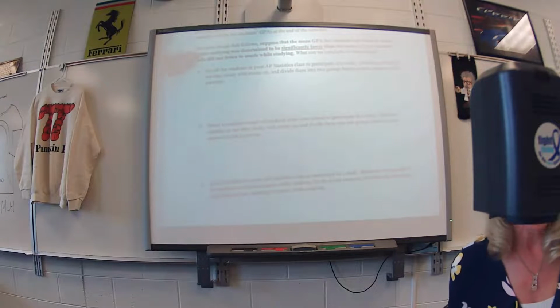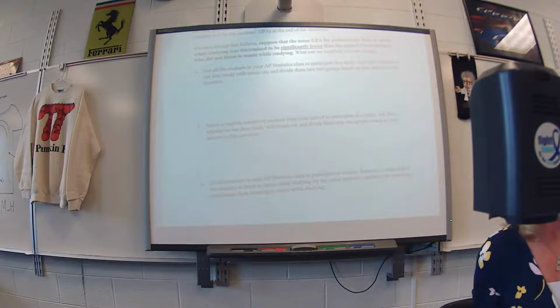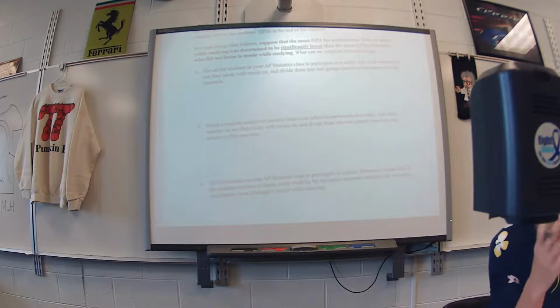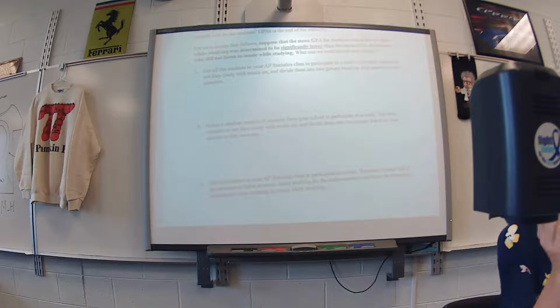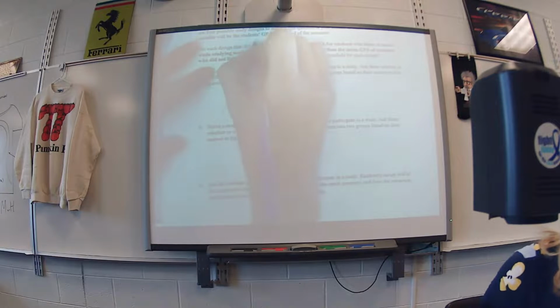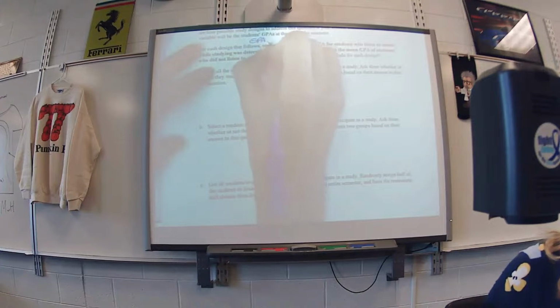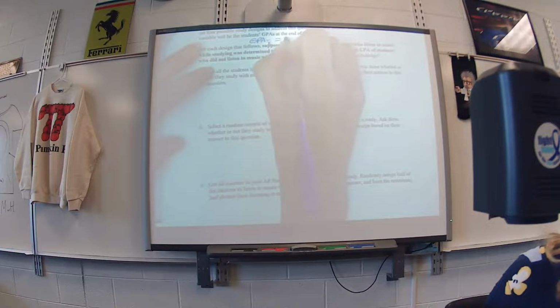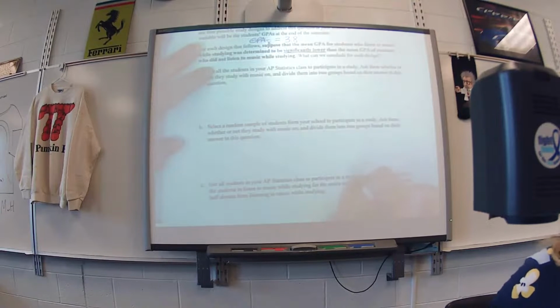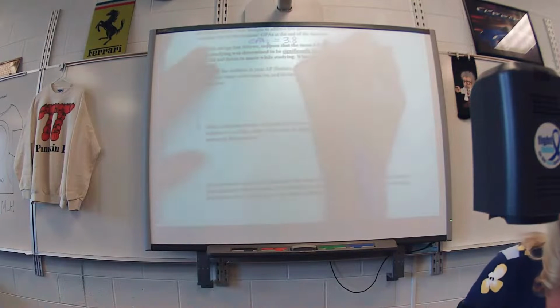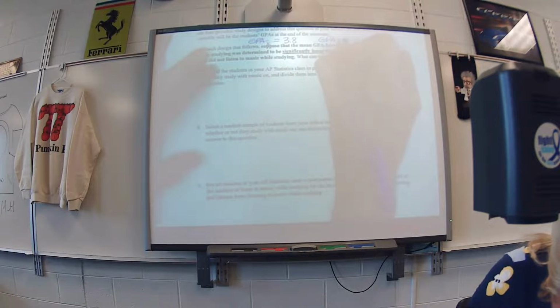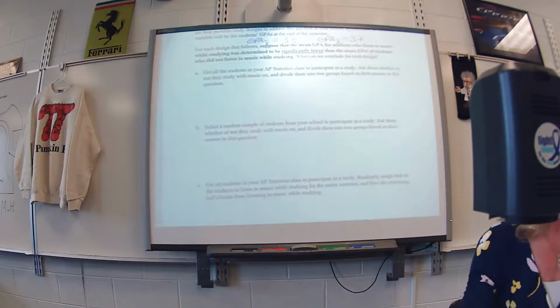For each design, we're going to assume that we have our sample, we calculate their average GPAs, and I'm making this up. Let's say the average GPA, x bar, came out to be 3.8 before, and after listening to music, the GPA x bar was 3.7.